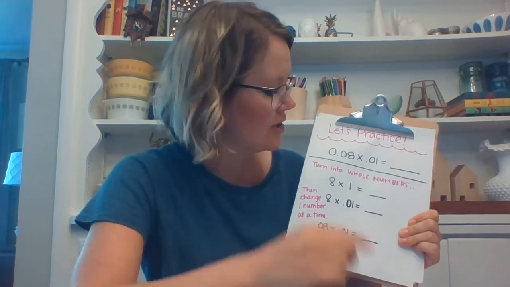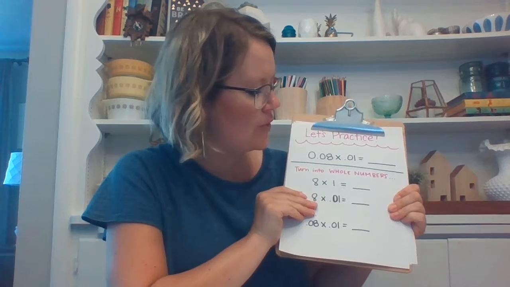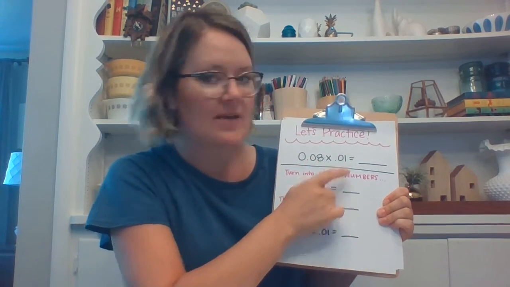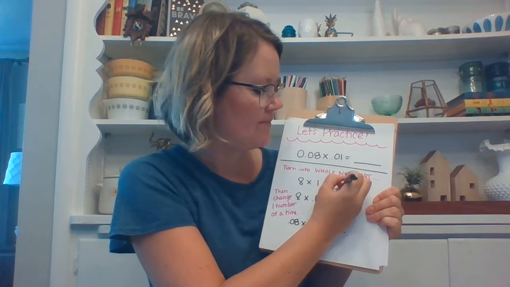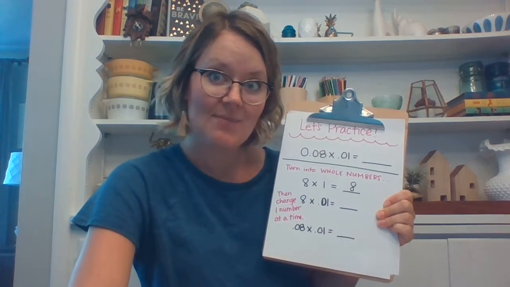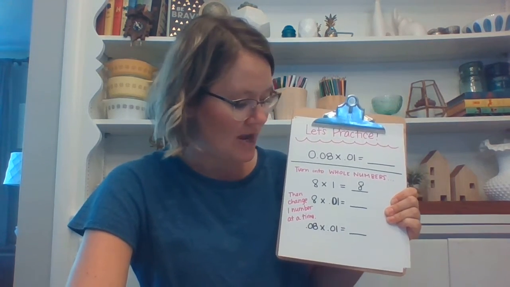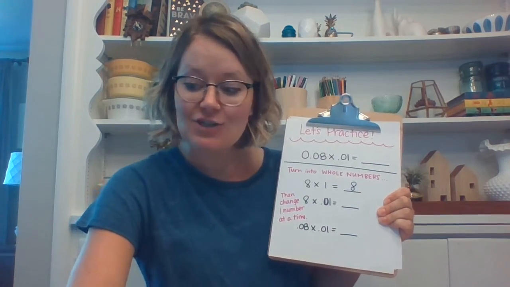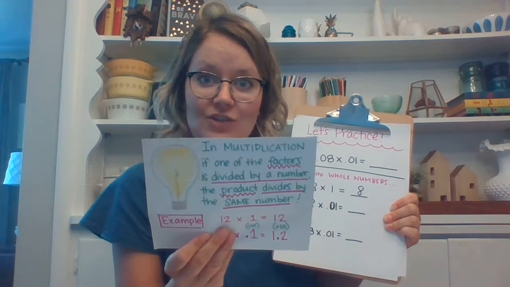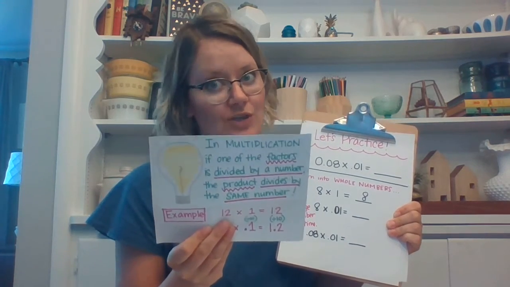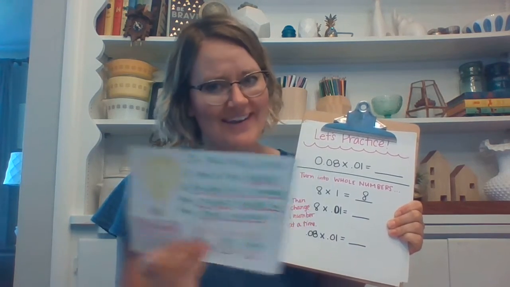So the first thing I want you to do is I want you to turn them both into whole numbers. So instead of having them as decimals, let's think about them as 8 times 1, which is easy. It's 8. Okay, and now we can change one number at a time, and each time be thinking about doing the same thing. Whatever we do to the factor, we do also to the product.